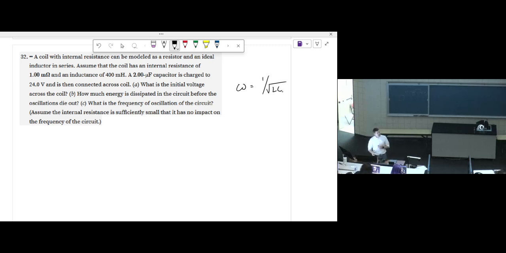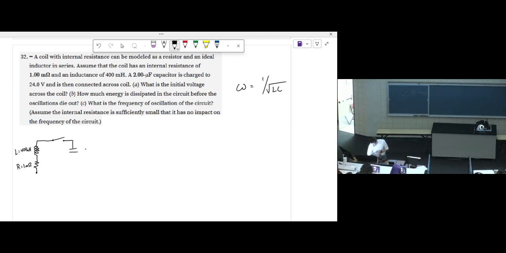So what is the initial voltage across the coil? Well, let's draw this out, right? We've got our resistor, R, equal to 1 milliohm. Our inductor, where L is equal to 400 millihenry. We're going to assume that a switch is open at first.